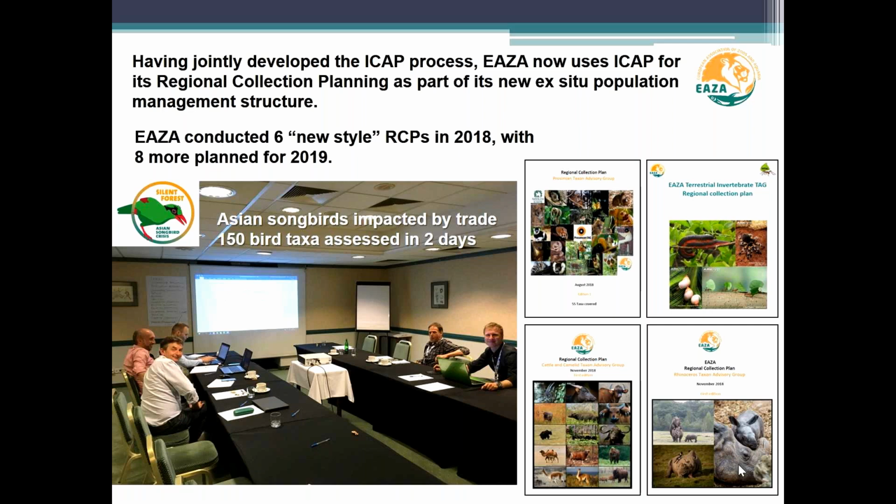And one example was one that I helped facilitate. We looked at 150 taxa of Asian songbirds that are impacted by trade in 2 days. In order to do that successfully, you need highly knowledgeable experts in the room on both in situ and ex situ status and challenges, which we did, and got a lot of progress done in 2 days.